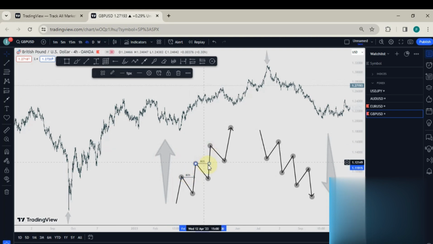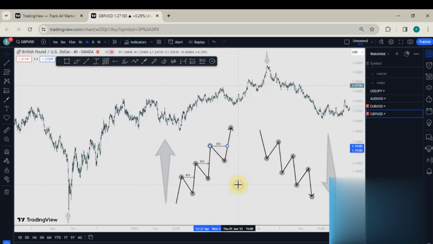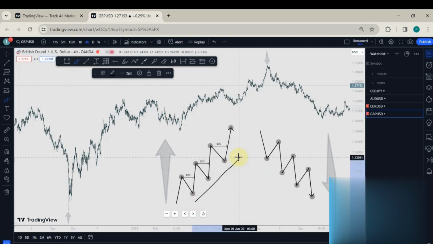Once a higher high is broken by a lower low, it is a break of structure. Once a lower low is broken by a higher high, it's what? It's a break of structure. And if you just look at this trend here, it shows us that it's moving in an uptrend, right?